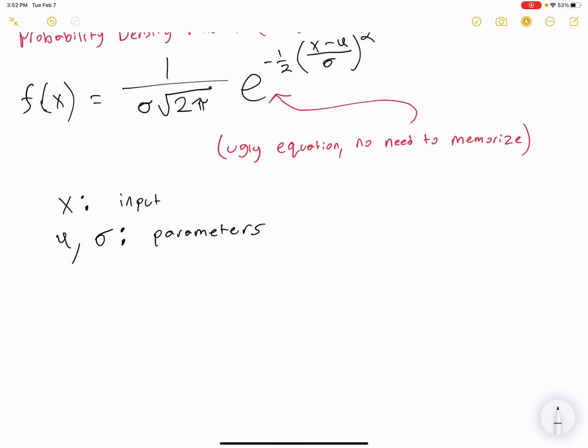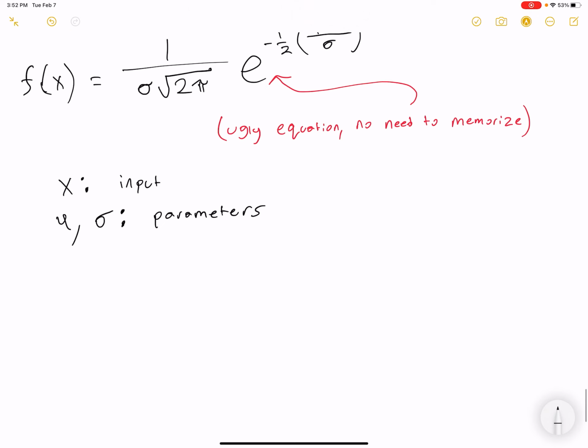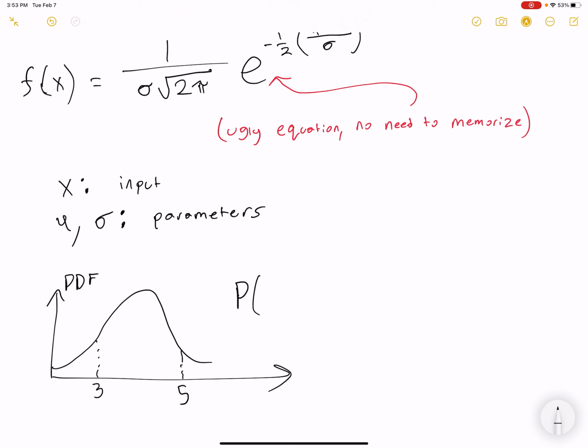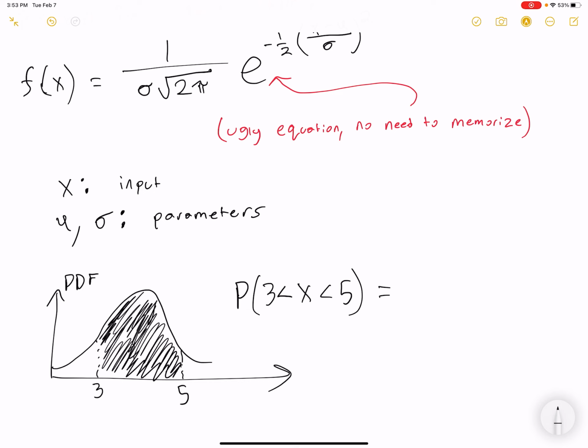So for example, let's say that we have a probability density function. I'm just going to draw one like that. And let's say that this x value is 3 and this x value is 5. Then the probability that x is between 3 and 5 is equal to the area under the curve between 3 and 5.